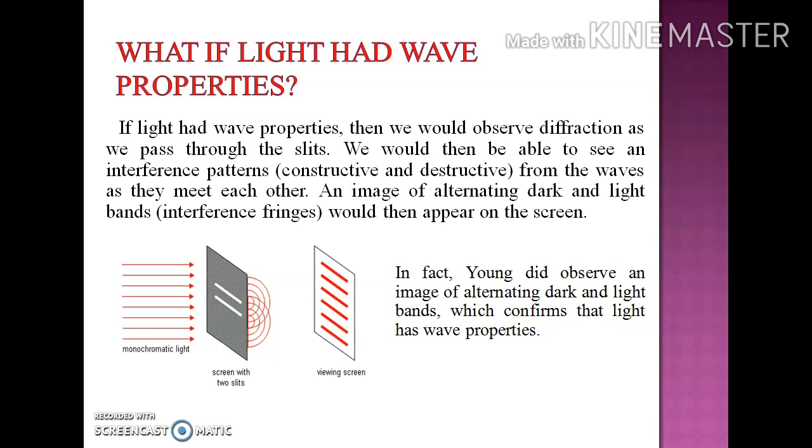And in actual practice, when Young did this experiment, he observed the alternate dark and bright bands on the screen. So this confirms that light has wave properties. In this way, he proved the wave nature of light.